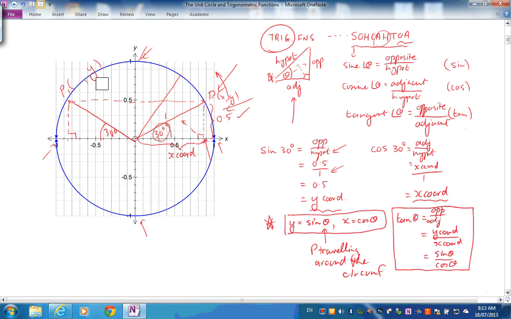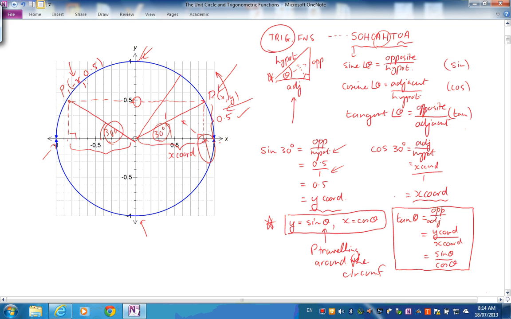Hang on, I'll put the y in because we know the y is 0.5, goes right through there. So the y is 0.5. The x value here would be the negative of this one. They'd be symmetrical, wouldn't they, if this angle was 30? So this would be the same x value, no, it'd be minus x, wouldn't it? Because it would be negative. We're going in the negative x direction here.